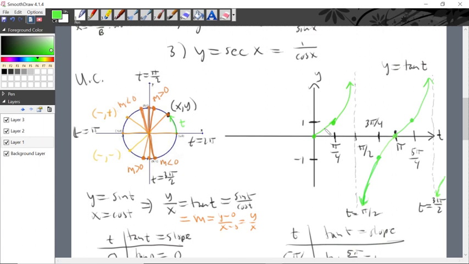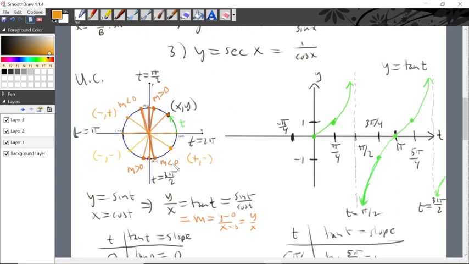Would it have repeated if we went back in this direction? We should expect that it certainly would. Now we can examine that by choosing negative values of t. For example, if I choose t to equal negative pi over 4, that would put us on the unit circle right here in quadrant 4. In quadrant 4, the x-coordinate is positive and the y-coordinate is negative.